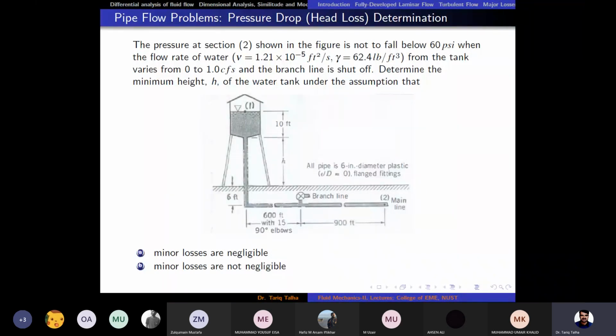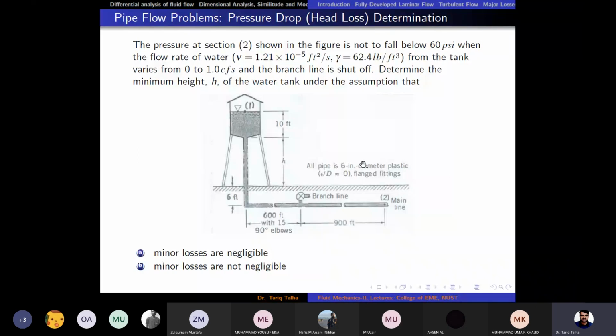Okay, so first of all, we do the pressure drop determination problem. This is a case where the flow is happening from an overhead tank. The pressure at section 2, which is at this point at the end of the piping system, is not allowed to fall below 60 psi, pound force per square inch.